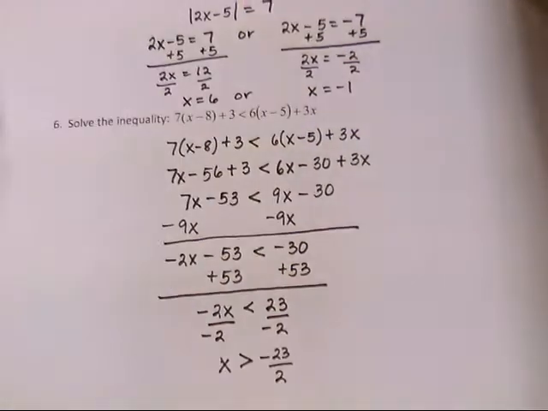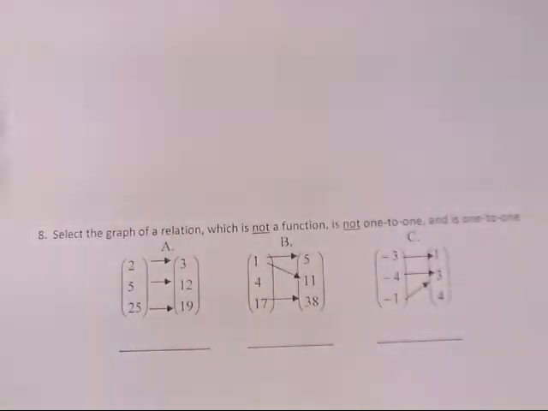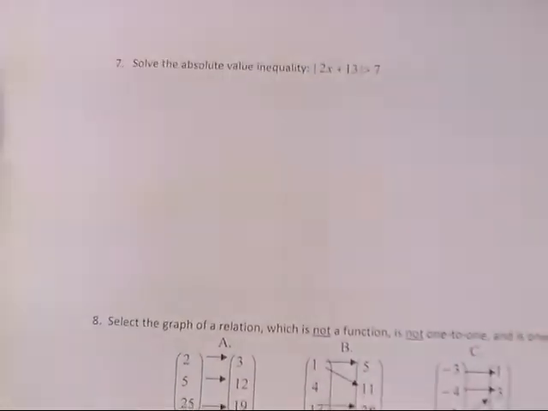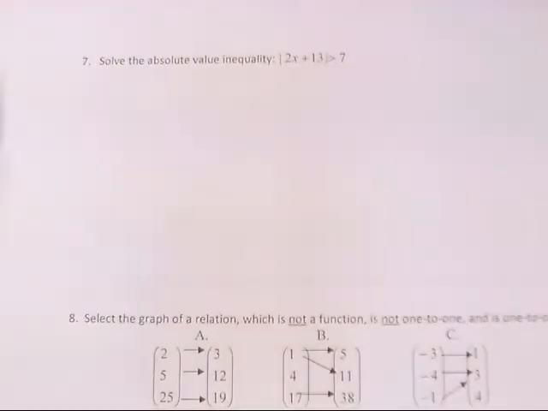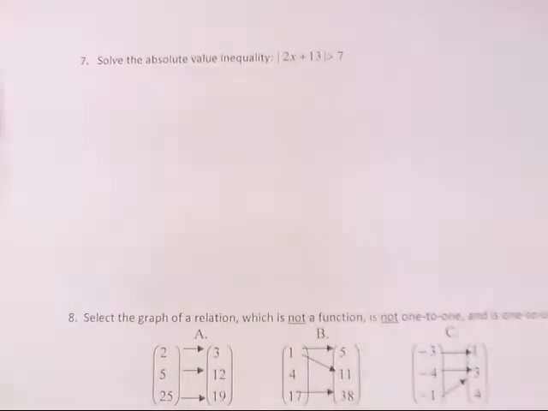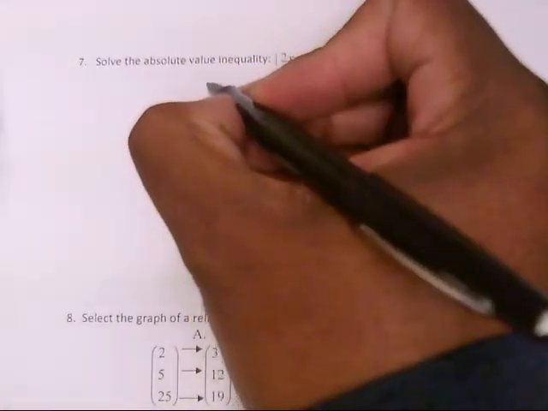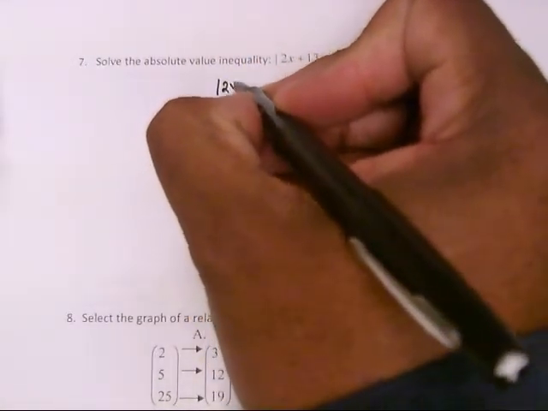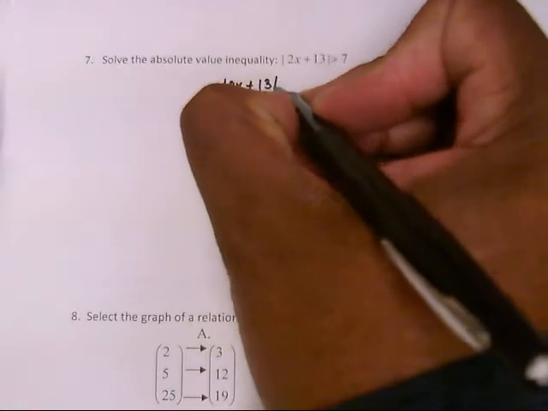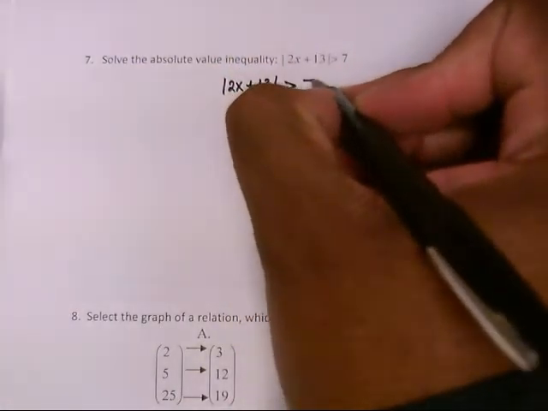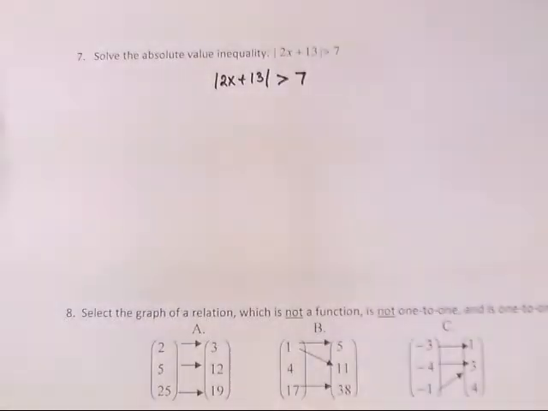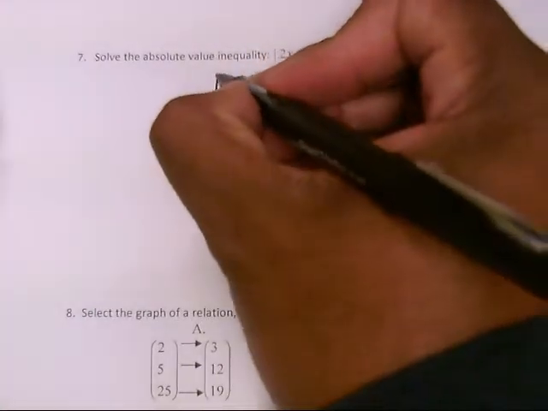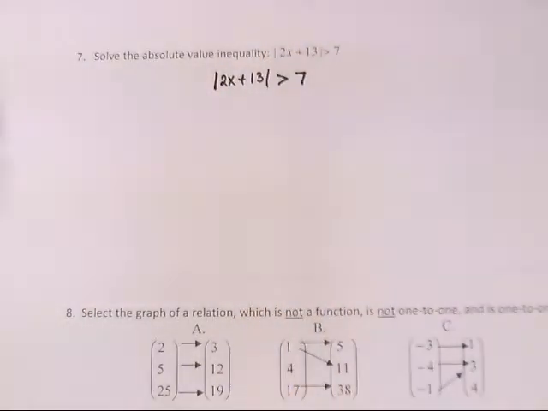Okay, problem number 7. Here you have an absolute value inequality. Absolute value of 2x plus 13 is greater than 7. In this case here, we have a greater than. That means we need to write this as two separate inequalities with the word or.